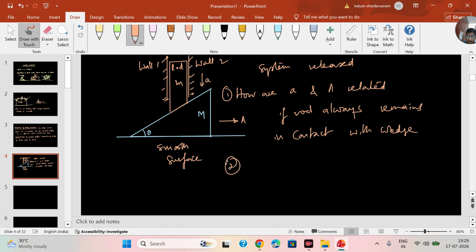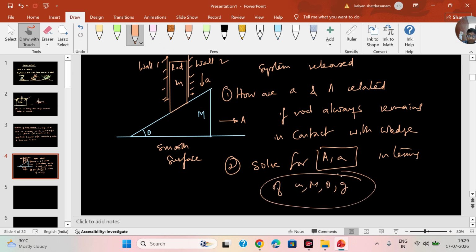First thing. Second, solve for a, comma, A, both these quantities, in terms of small m, capital M, theta, g.